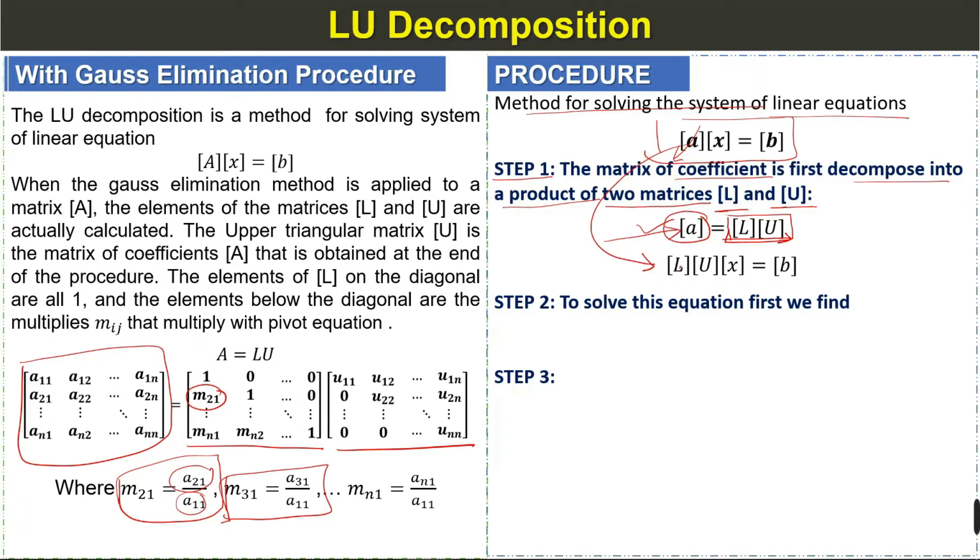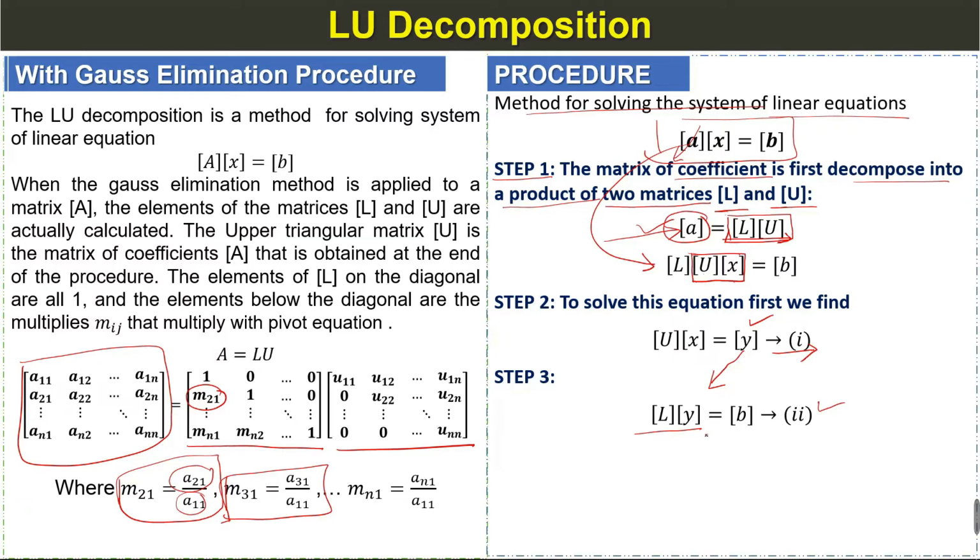This equation becomes like that, and now we multiply. In the next step, we multiply the upper triangular matrix with x, and we take this equal to an arbitrary column vector, y. We name this equation 1. In the third step, we multiply this column vector with the lower triangular matrix, and we take it equal to b, and we name this equation 2.